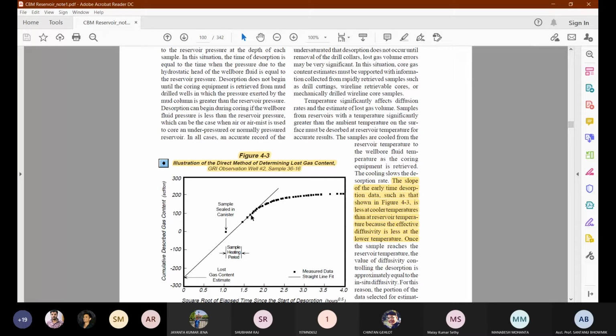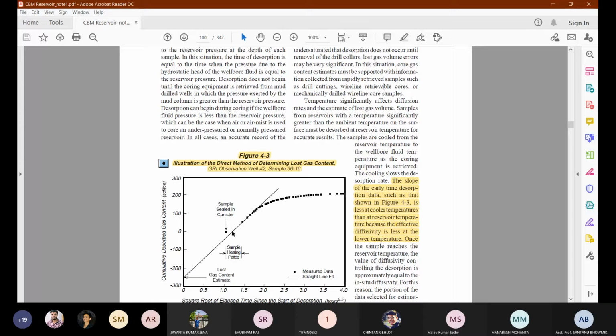If you see the slope, this slope is obviously the rate of desorption. This linear slope, and this asymptotic graph, is particular to the particular coal sample, the particular coal seam, or the particular coal core which you have taken from underground. This part will vary from coal to coal, from different locations and different depths, because it is totally heterogeneous.